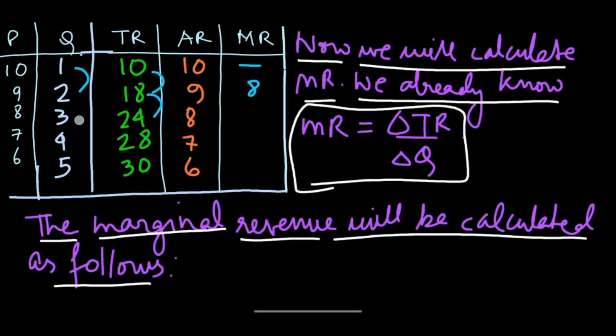Next, 24 minus 18 divided by 3 minus 2 gives us 6. 28 minus 24 divided by 4 minus 3 gives us 4. And 30 minus 28 divided by 5 minus 4 gives us 2. And this is how we calculate the value of marginal revenue, or MR.